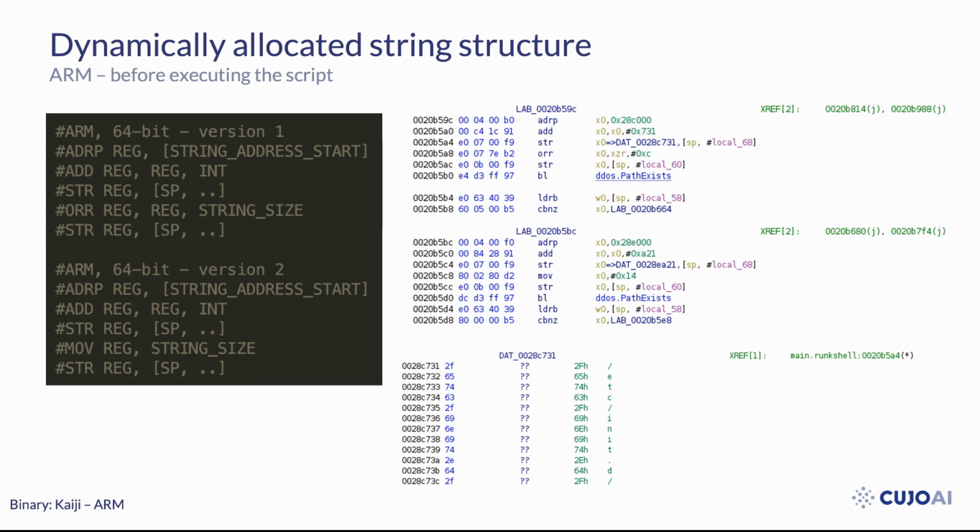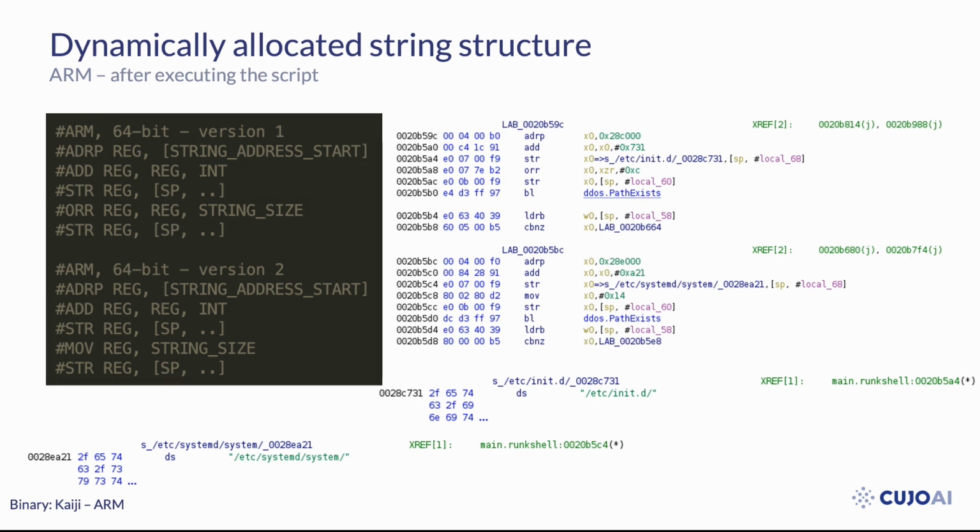And after we execute our script, we can see that these strings are nicely defined, so reverse engineering becomes much easier. If someone is interested and wants to understand it in more detail, then you can use the example binaries that we put on every single slide, so you can see what we used for that specific test.